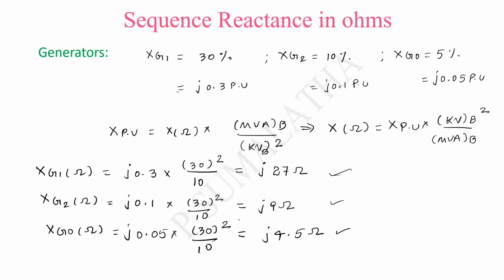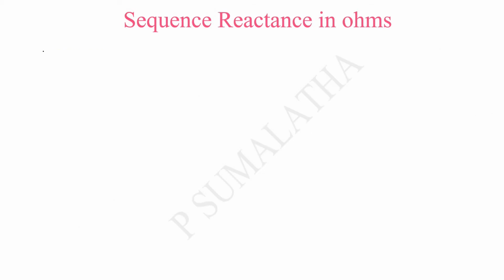Similarly, we need to find all the three reactance values for the transmission line. First of all, for the transmission line we don't know any reactance value. They have not given any reactance value, but they have given some information which will help us find the transmission line reactance.